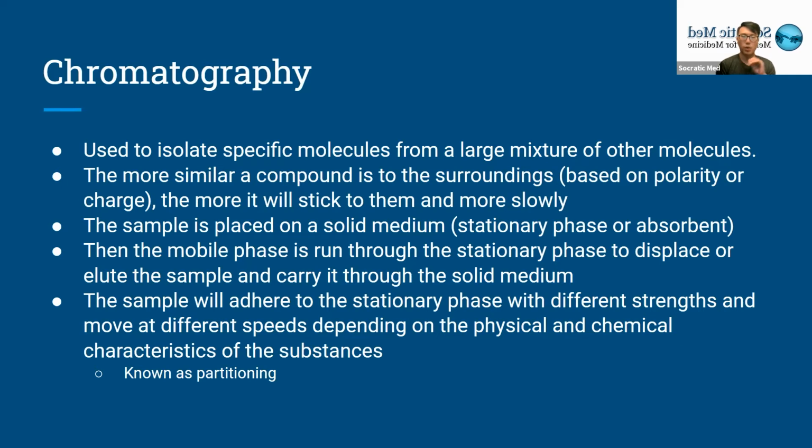This is known as partitioning: the sample on the stationary phase separates out into the different molecules in that mixture. So partitioning is like when you're separating all the different compounds in that large mixture.